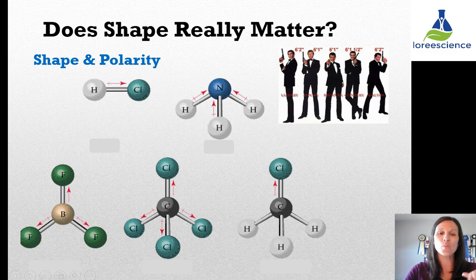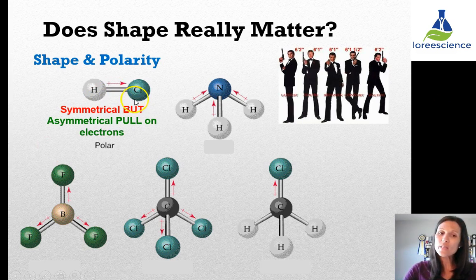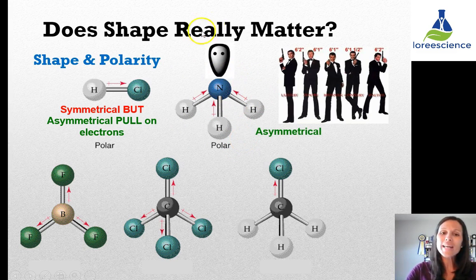So if we look at some of these molecules here, this molecule is polar, even though it's symmetrical, because there's an unequal pull in that bond. This molecule here is also polar. Why? Because we have an unbound pair of electrons, making this an asymmetrical molecule.